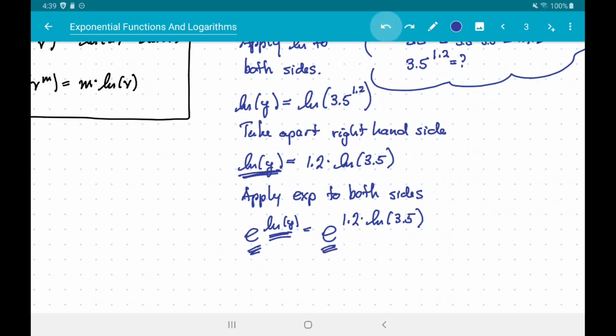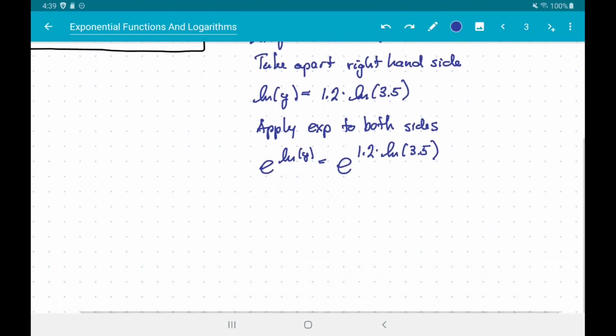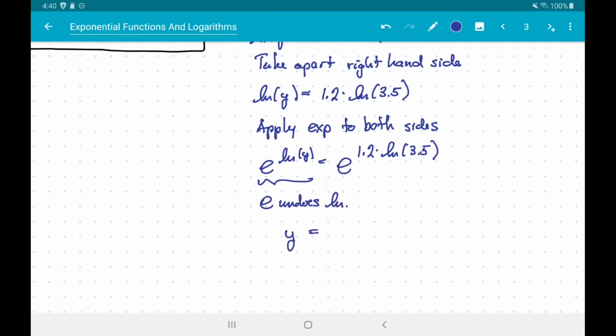And again, you have to be careful that everything that should be up in an exponent is indeed up in an exponent. Otherwise, you're going to end up in a mess. Now over here, e undoes ln, and we're going to be left with y equals e to the 1.2 times ln of 3.5.